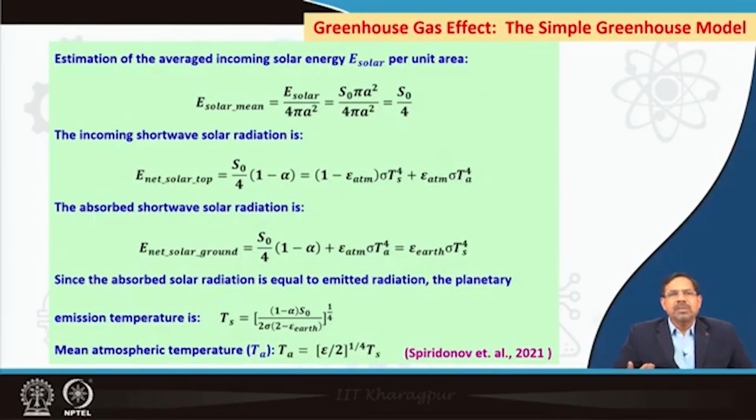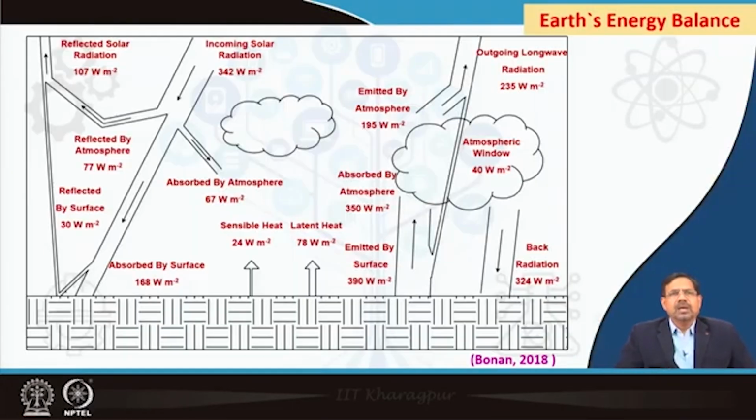In turn, the mean atmospheric temperature takes the expression of epsilon over 2 to the power 1/4 times the surface temperature. These expressions are useful when we calculate the solar radiation received over a certain area under certain conditions.